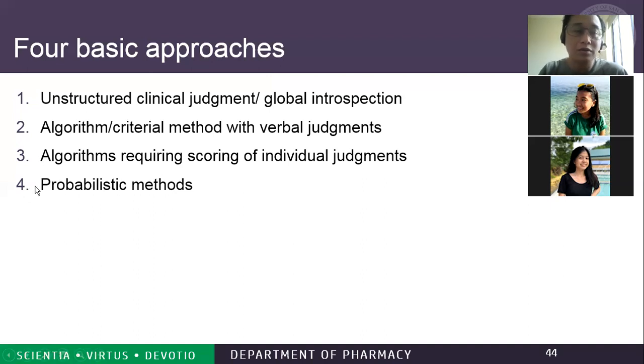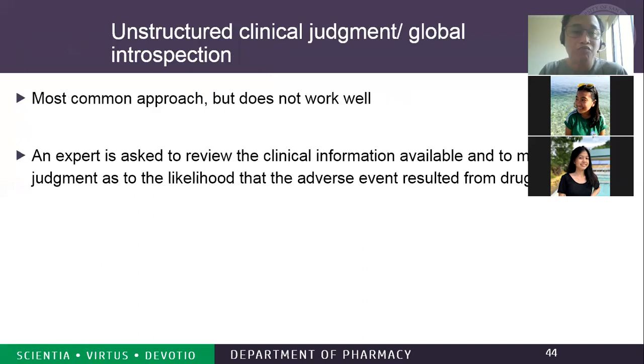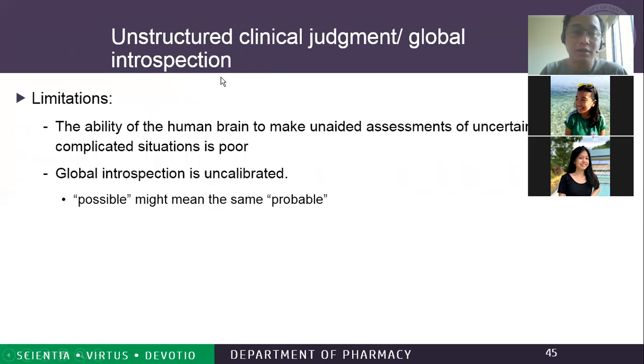Then the fourth group is the probabilistic approach, usually with the help of computer technology. The unstructured clinical judgment or global introspection is the most common approach, but does not work well.